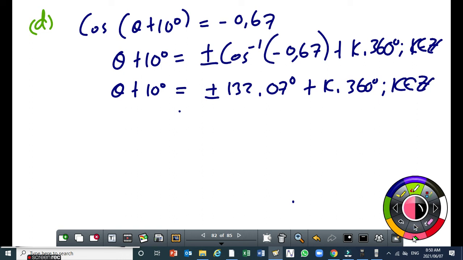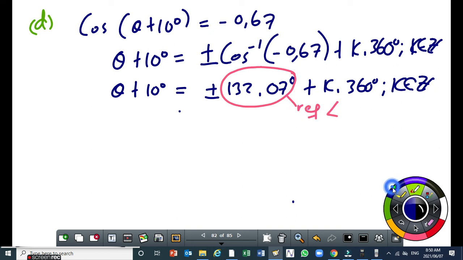Just to remind you, this is the reference angle. We get that from the calculator. If you want to find the one in the third quadrant, we put k equal to 1 here, we take the negative here. We get the angle in the third quadrant. What about the plus 10, sir? You leave it. No, I'm not done yet.